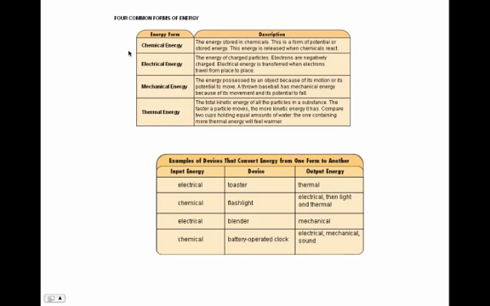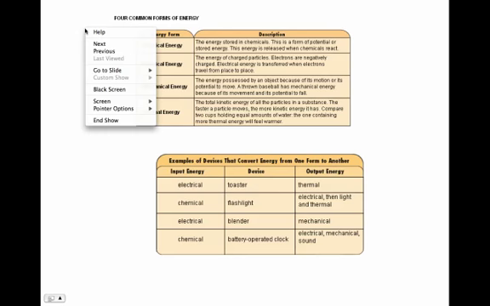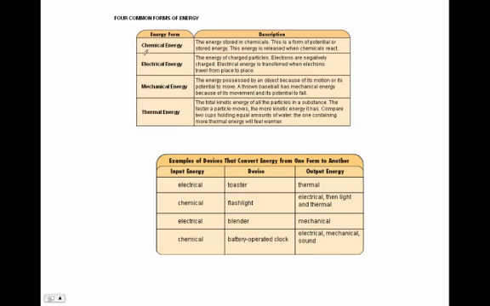So here are some common forms of energy that might either be the input or output of a device. Some devices and machines have what's called chemical energy, which is energy stored in chemicals, and it's released when the chemicals react. For example, food has chemical energy, and fuel have chemical energy.